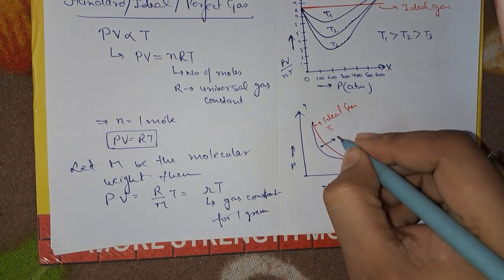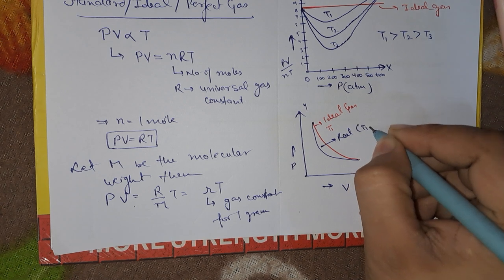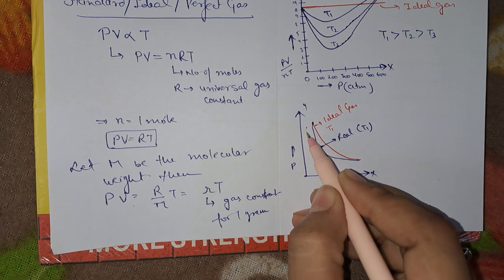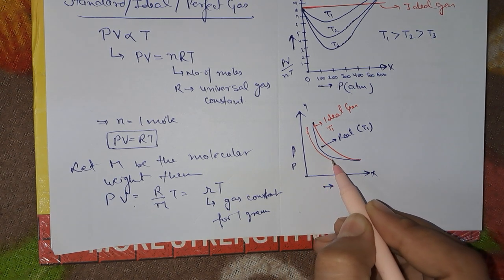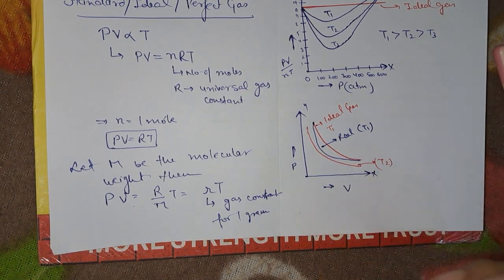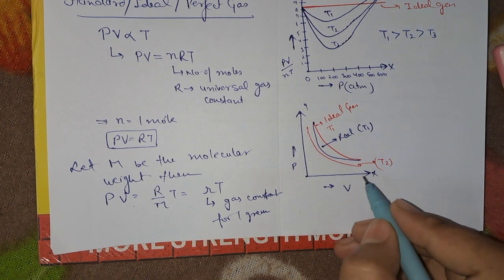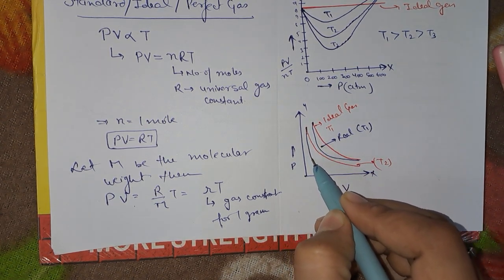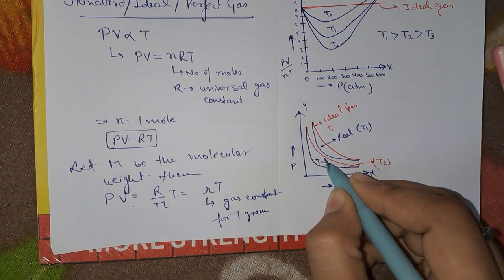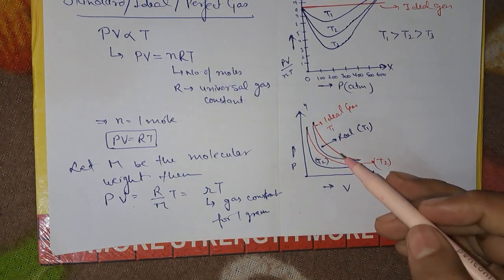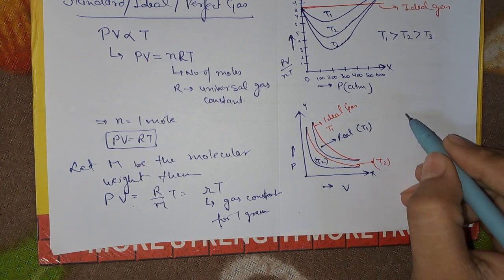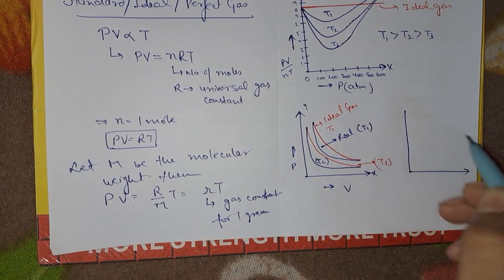So this is for real gas at T1. Similarly, at a different temperature T2, this is the ideal gas, but at the same temperature the behavior of the real gas would be like this. So this is at T2.